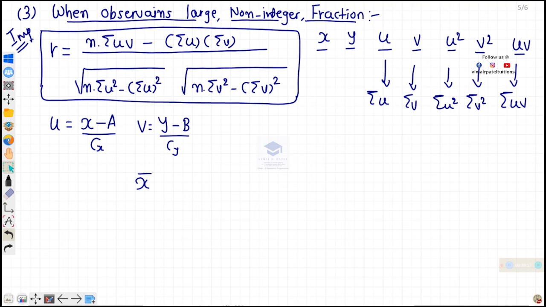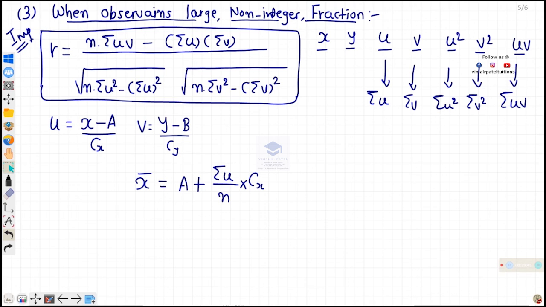Then these relations will be helpful in a particular sum which will appear in a later part of the chapter. You just memorize. X bar is equal to A plus sigma u upon n, and if it has class length, then into Cx. This formula we used in 11th: X bar is equal to A plus sigma fd upon n into C. It's the same.